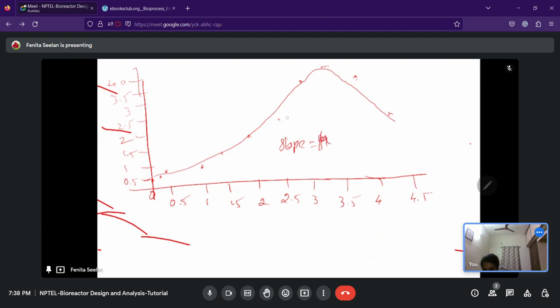So take the slope, for example, here. Say for example, this is not the answer, 0.6. So if your slope is equal to 0.6, then it is equal to mu. So from this mu we can calculate the doubling time.